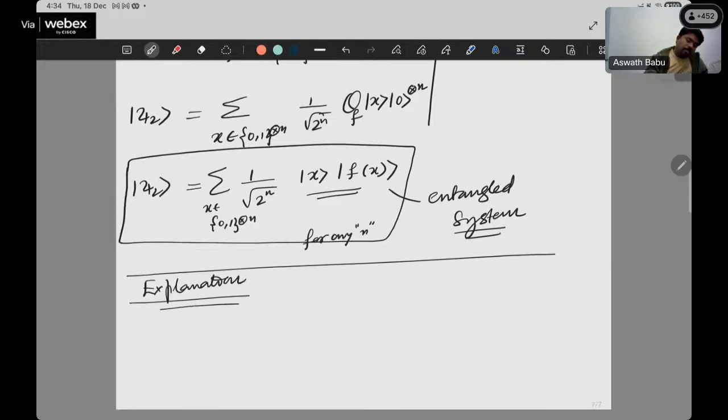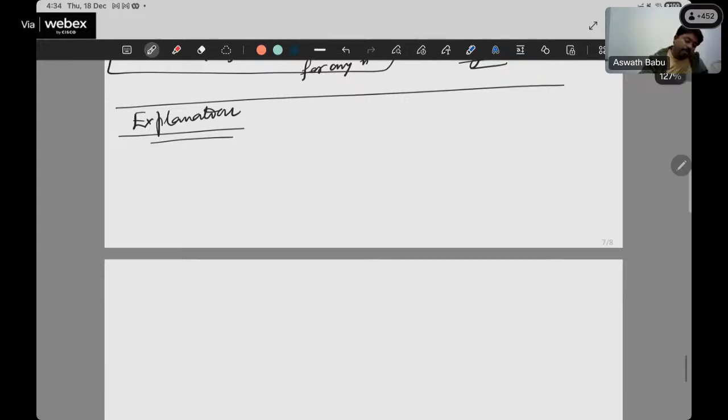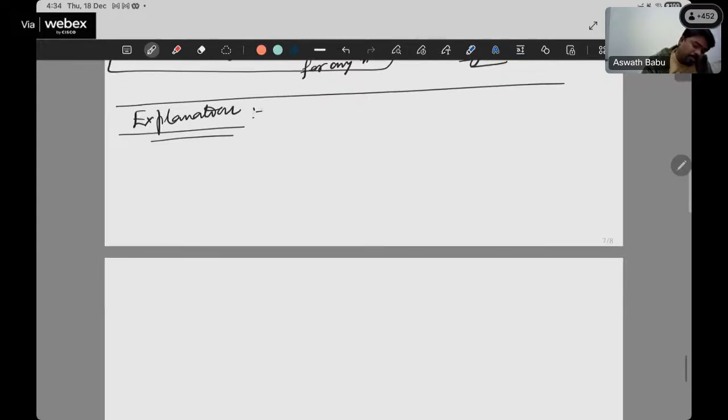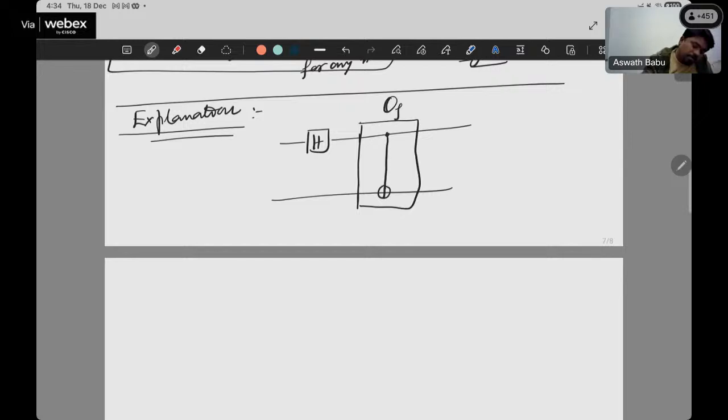If you notice our entangled circuit, which is a Hadamard gate followed by CNOT, this is like an oracle box, like a quantum function. Now you see, this is 0. Here I have 0 plus 1 divided by square root of 2.